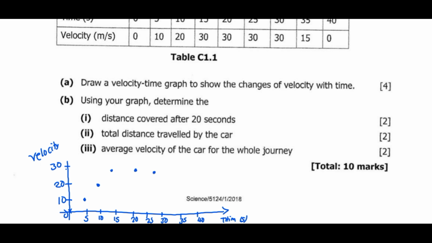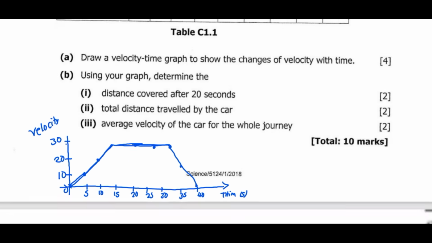Then 30,30, it's here. 35,15 is somewhere here. Then 40,0 is here. If you are using the actual graph paper, I'm expecting you to have straight lines. So this is the first question. That is how you are supposed to do it.